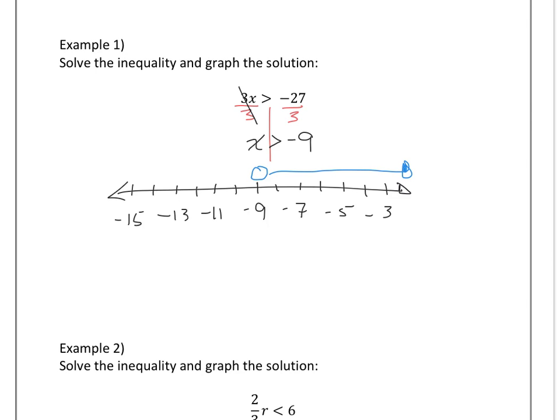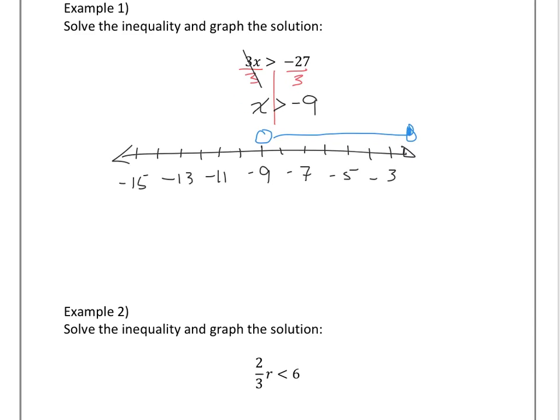My favorite checkpoint is 0. 0 is somewhere over here, which means it's in the true statement because that's where the arrow is going in the direction of. So if I take 3 times 0, which is 0, greater than a negative value, 27? Yeah, 0 is always greater than a negative, so that's true. So the fact that the line is over here in the direction of 0 makes me believe that my graph of the inequality must be correct.